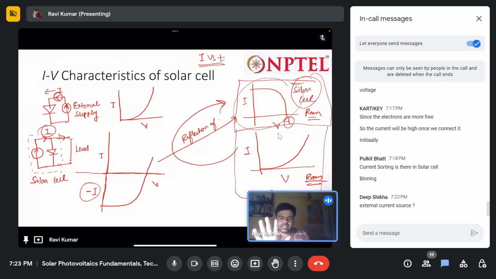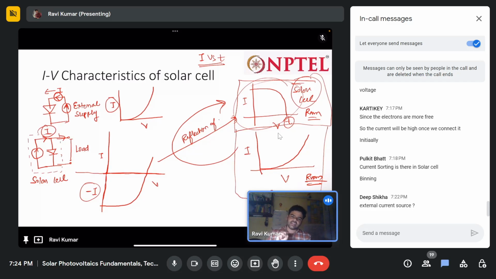It is nothing difficult to understand. It is just one thing, the direction of current. In case of a semiconductor, we need to apply current. That's why we need to apply an external source, and the current increases as much as we give to the diode. But in case of a solar cell, there is current already.